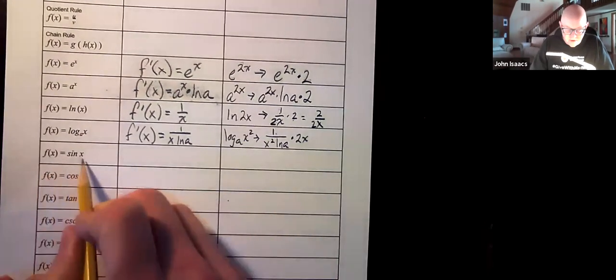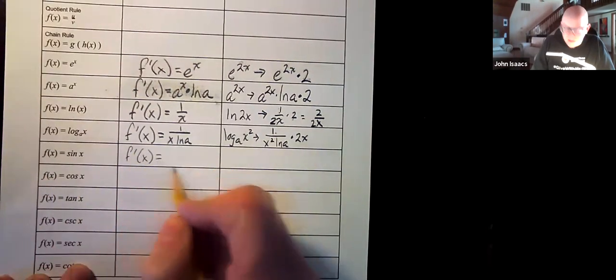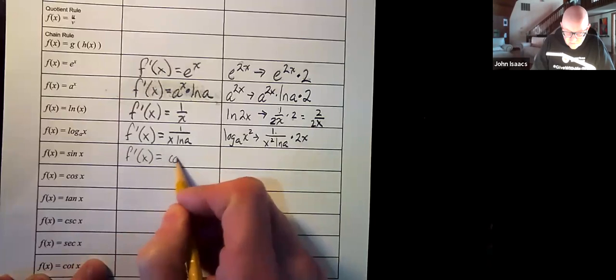So if f of x is sine of x, then f prime of x is going to equal cosine x.